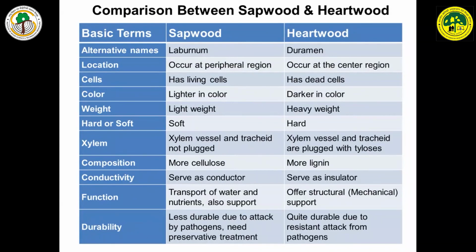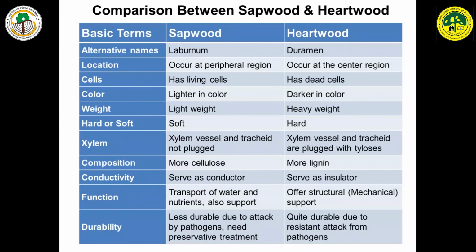And xylem vessels and tracheids are not plugged in the case of sapwood, because the extractives are not present in the sapwood, whereas in heartwood, the xylem vessels and tracheids are generally plugged with tyloses. One material, it is called the tyloses. And the composition: sapwood contains more cellulose, and heartwood contains more lignin.